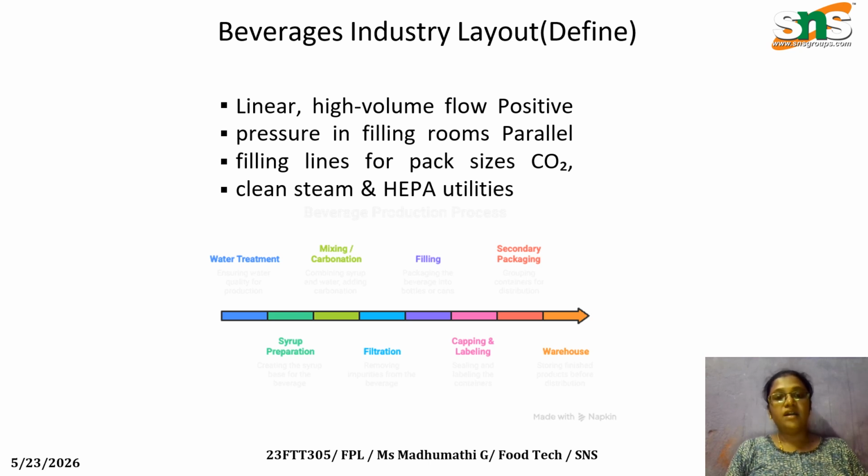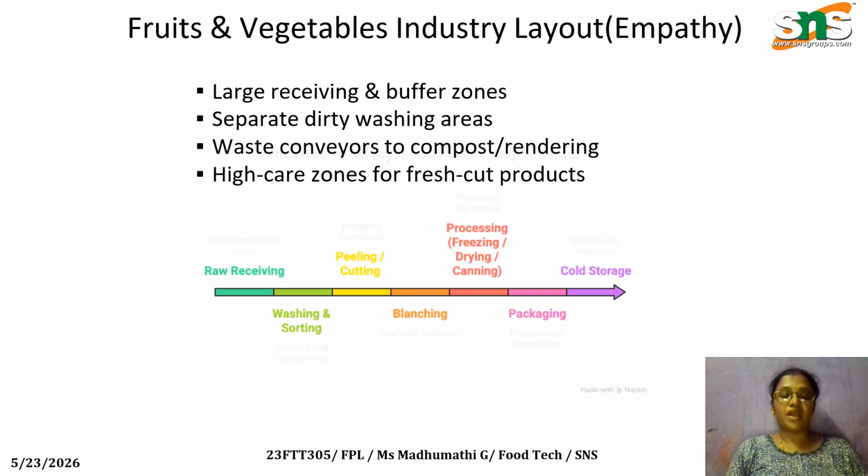Clean steam and HEPA utilities have to be properly provided, because in many beverage processing industries the handling of carbon dioxide plays a major role. During the process of carbonation in any fruit juices, the proper pressure has to be maintained in those lines, as well as the parallel filling lines.